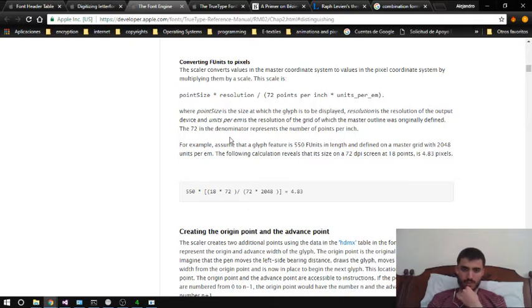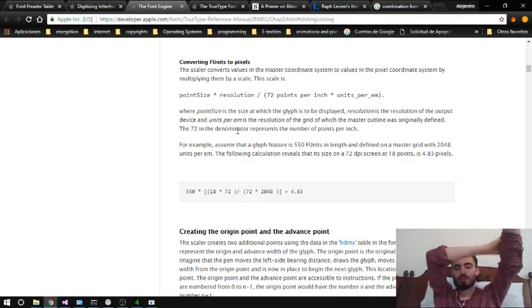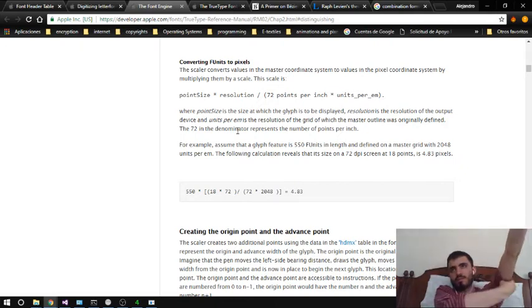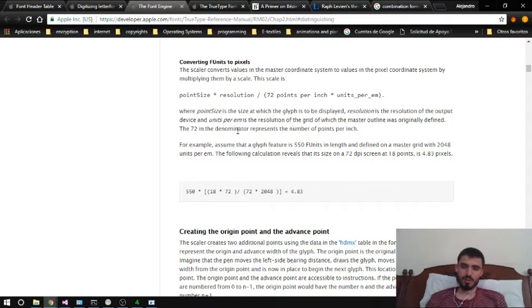So I would assume that the units per em and the points per inch have to be, well, it's just a mapper. So we are transforming the points from one coordinate space to another.